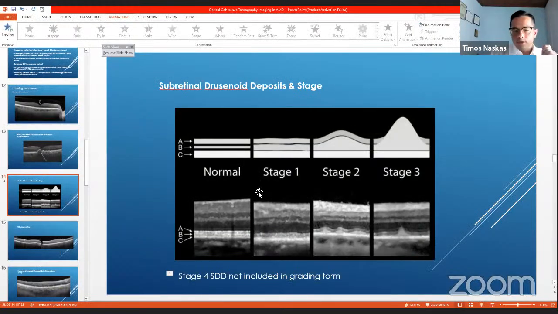Now most drusen deposits, even whenever they are picked up with OCT, stage 2 and 3 are quite easily detected, but stage 1, because there is no clear, if I can share my screen for a bit, just to show you on this. Whenever I was describing subretinal drusenoid deposits, you can see that the graph shows 3 straight lines.